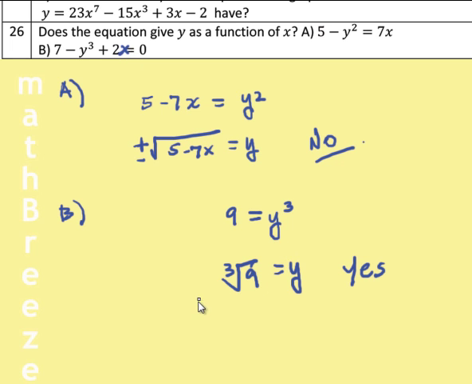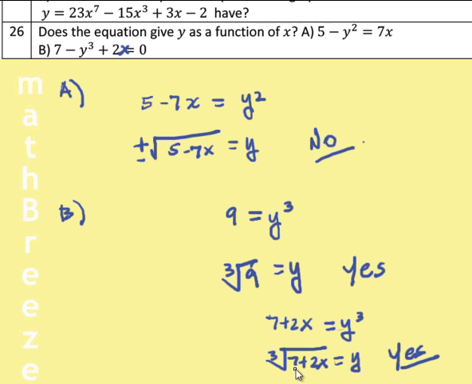Okay, and then we would have y cubed equal to 7 plus 2x, and y equals the cube root of 7 plus 2x. Again, the answer is yes, because we could solve for y in terms of x without having something like a plus minus in front, so that's yes.